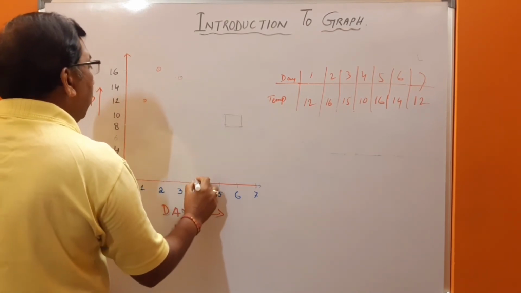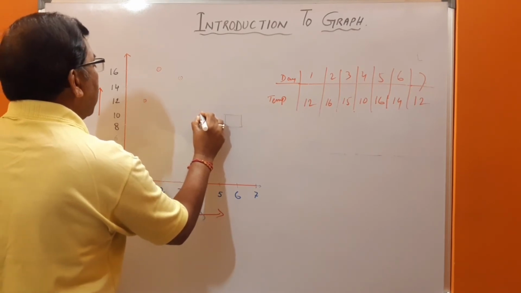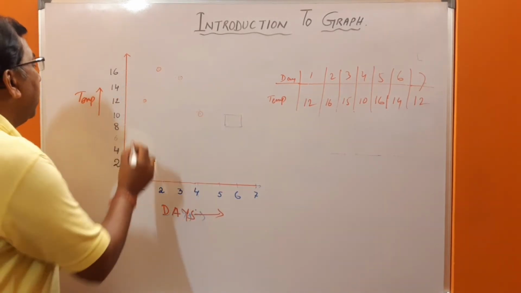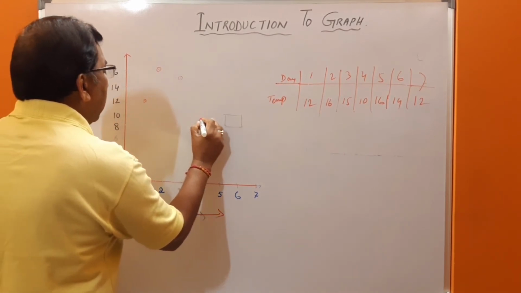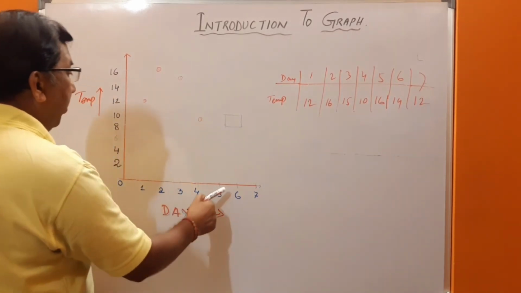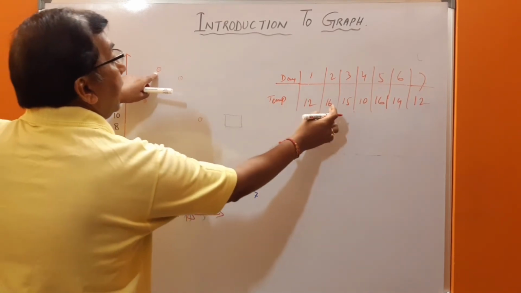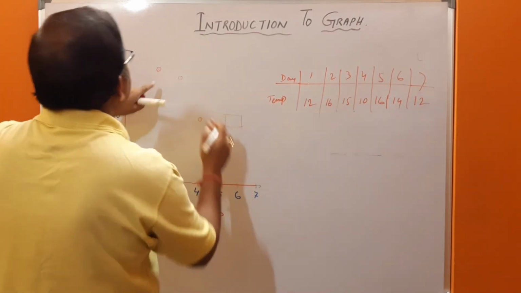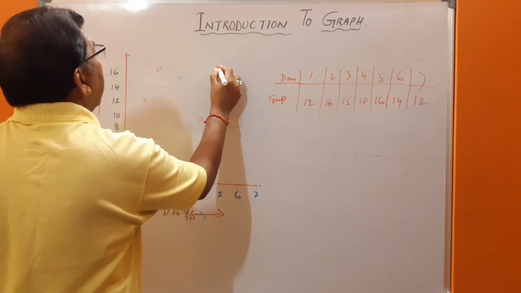You will do it by scale; I am just doing it this way. Fifth day is 16. Same as the second day, on the fifth day it is 16.